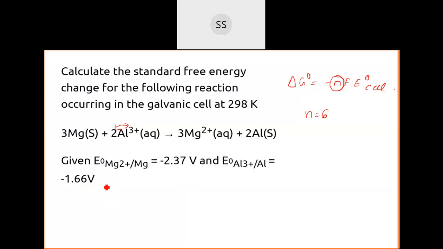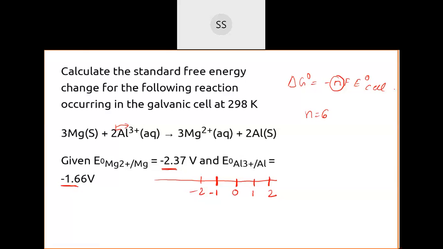So your minus 1.66 comes first. If you still get confused, see the number line: 0, 1, 2, and then minus 1, minus 2. Minus 1 is greater than minus 2, so minus 1.66 is greater than minus 2.37.